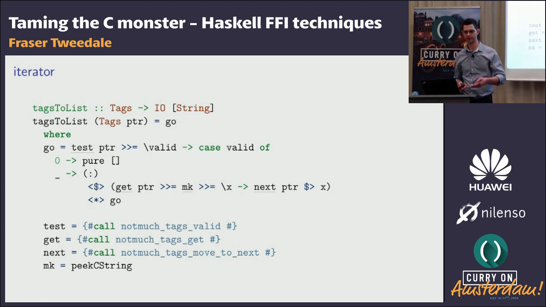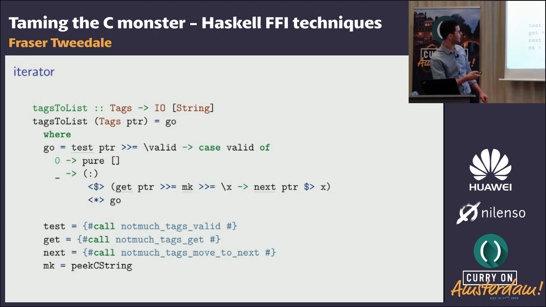If the pointer is still valid, then we fall to this second case where we cons the current value from the iterator onto the rest of the list. So we need to get the pointer, call some constructor, in this case peek C string, and then advance the iterator and return the value from the constructor.